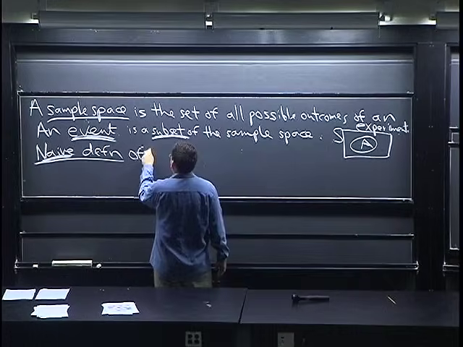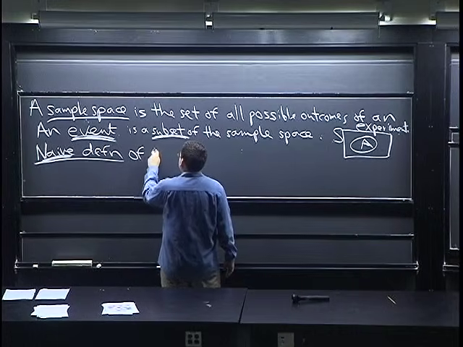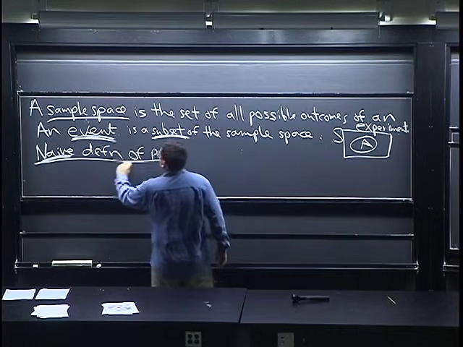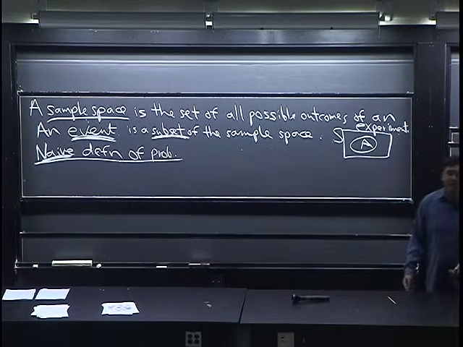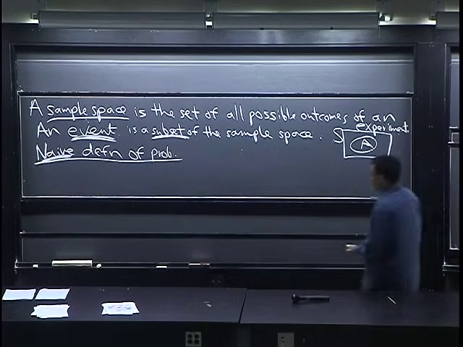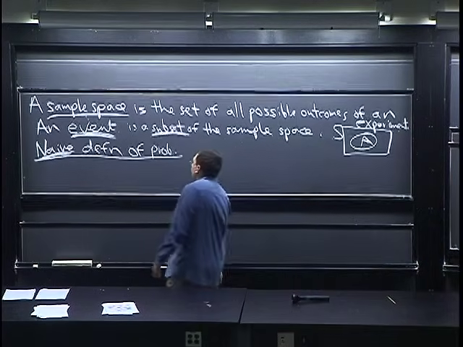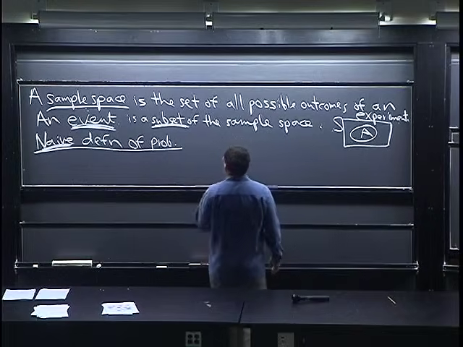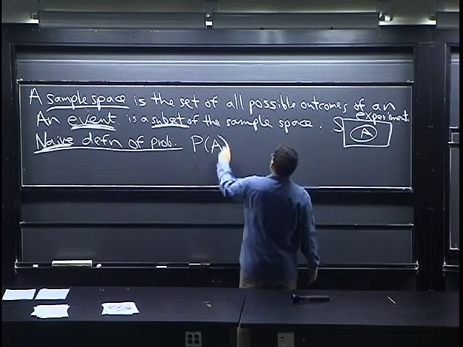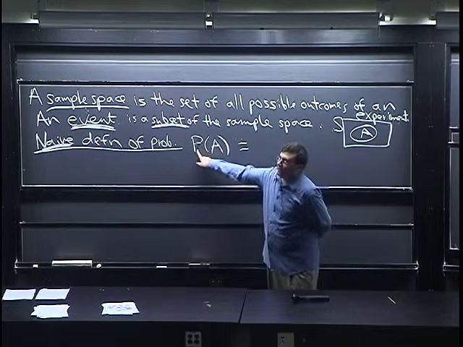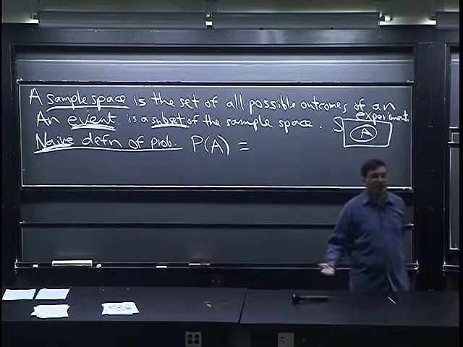You could also call it the very naive definition of probability. You can only use this definition when you have strong justification for doing so. The definition says that the probability of an event A, so this is our first use of the letter capital P. Throughout this course, capital P means probability.